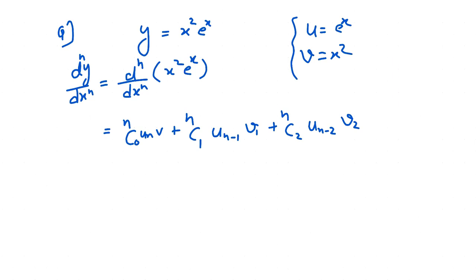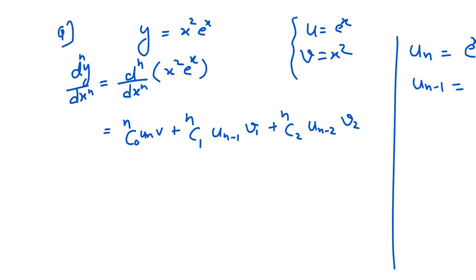See, u_n will be e to the power x itself, u_(n minus 1) also will become e to the power x, u_(n minus 2) too. And let us see v also.